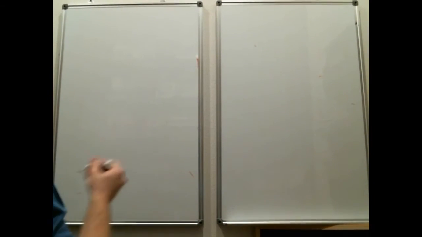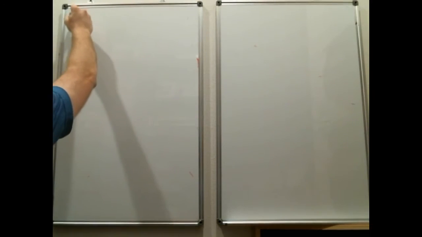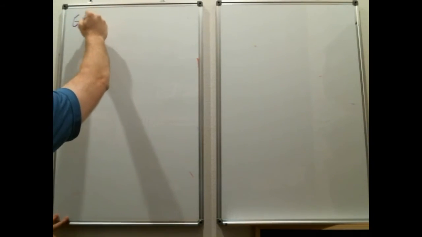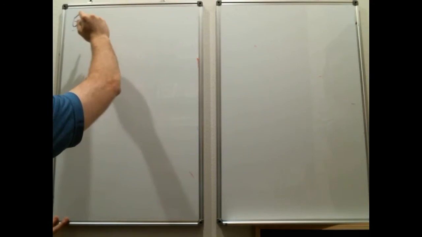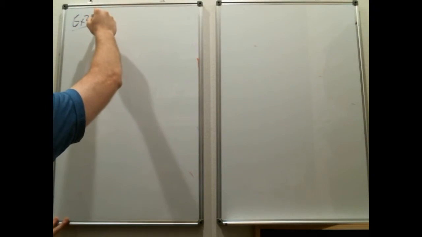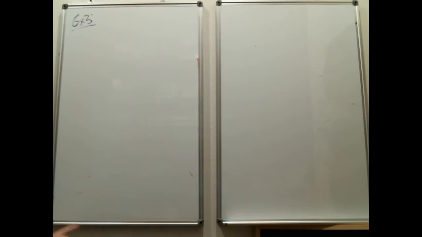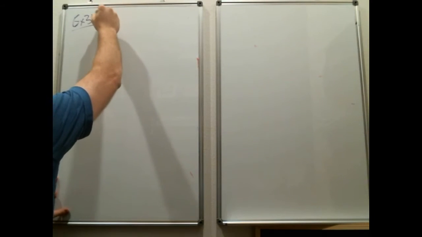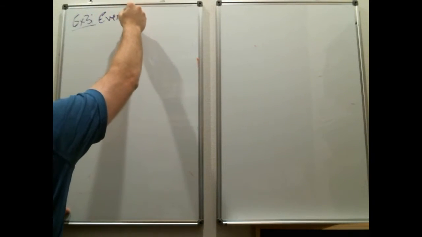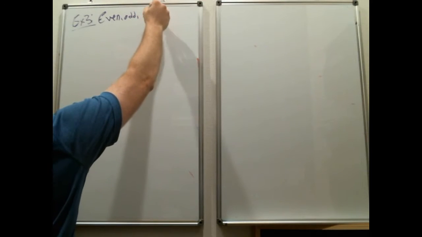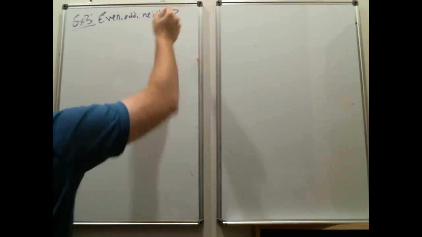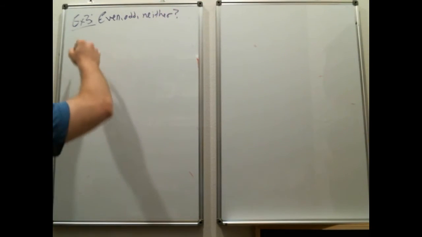Okay, next up is, we'll say example 3, I think. Anyways, determine if the function is even, odd, or neither. So I'm just going to abbreviate by saying even, odd, neither. Alright.